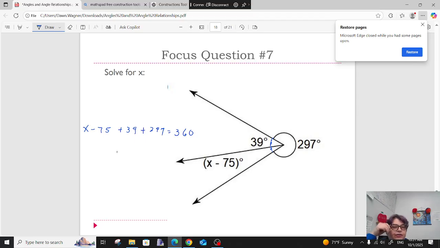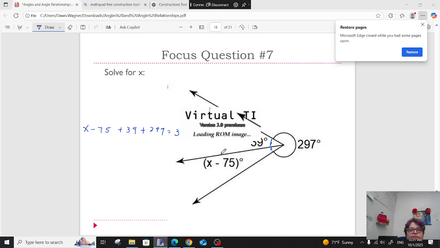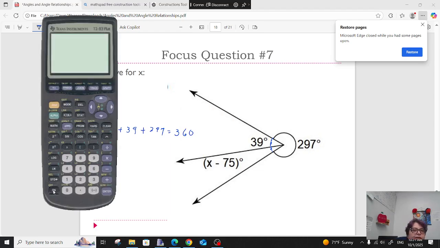You need to combine your like terms. Be careful because this is a negative 75. I'm going to do negative 75 plus 39. Negative 36.